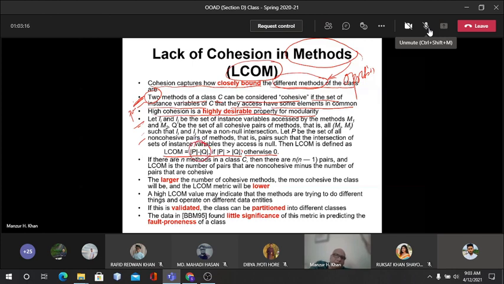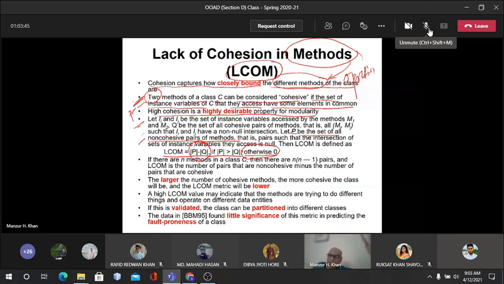Otherwise, the LCOM value will be declared as 0. Now, what is P and what is Q? P is the set of all non-cohesive pairs of methods. Q is the set of all cohesive pairs of methods. So we have to know how to calculate P and how to calculate Q.